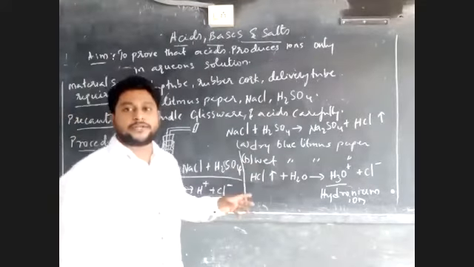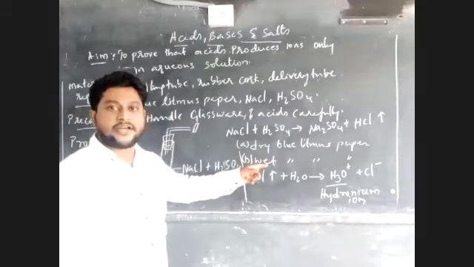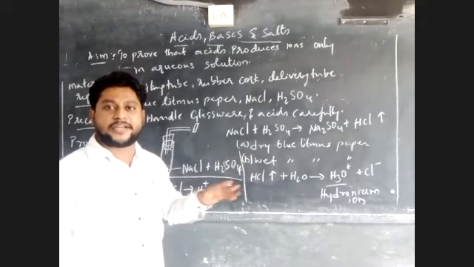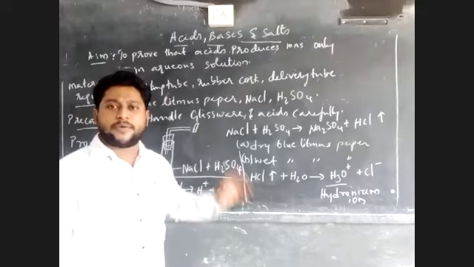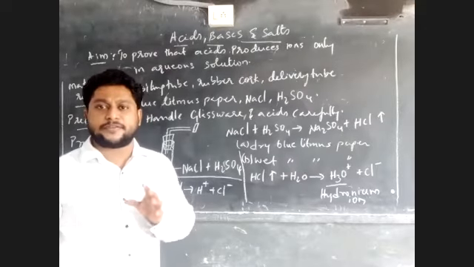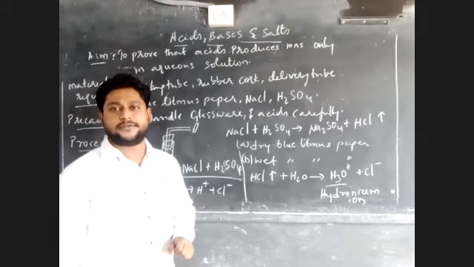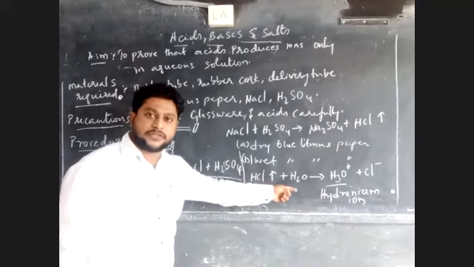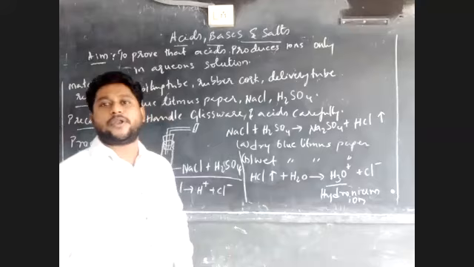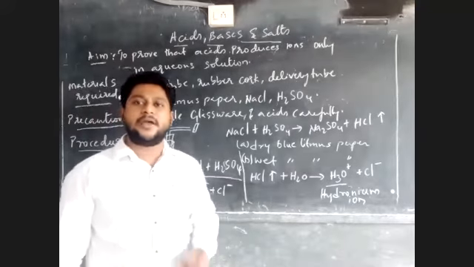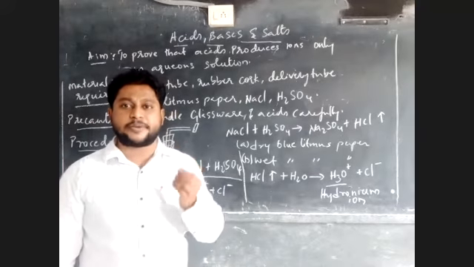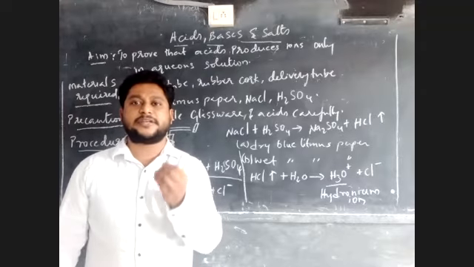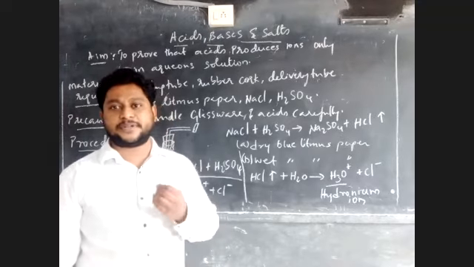What is our conclusion? What is your observation here? In dry blue litmus paper, the color does not change. When you bring the wet blue litmus paper, the color has changed to red. Why has it changed? Because HCl gas reacts with the moisture to form hydronium ions. So these H plus ions or hydronium ions make the presence of acid.